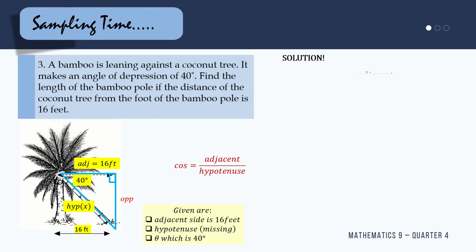So for our solution, we'll make use of the cosine function, which is adjacent over hypotenuse. So the cosine of the angle theta, cosine of the reference angle 40 degrees is equivalent to adjacent, which is 16 feet, over hypotenuse, which is x. Then cross multiply, no? Cosine 40 times x is equal to 16.